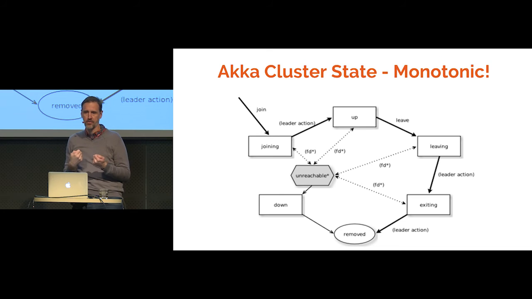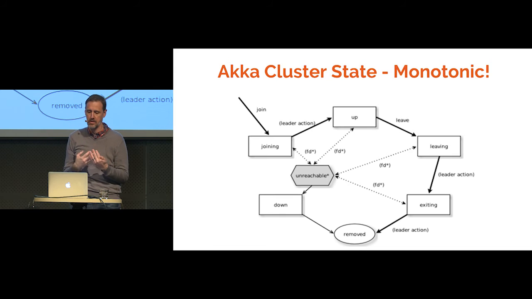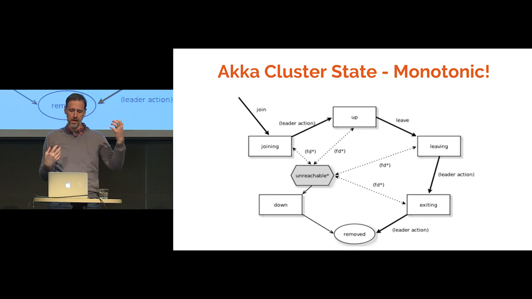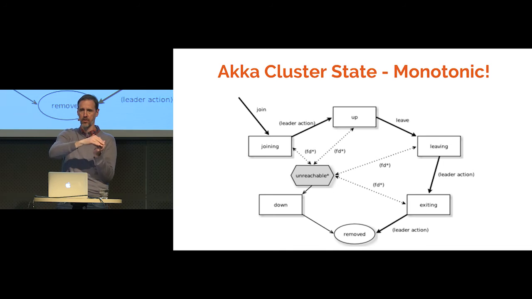And what that means is, if we try to converge on a monotonic state, a monotonic sequence, and I have two messages, one that says this node is up and another that says this node is leaving, well, I know that it's leaving, right? Because I know I have to have gone forward in that state. I couldn't have gone from leaving back to up. I can only go forward.